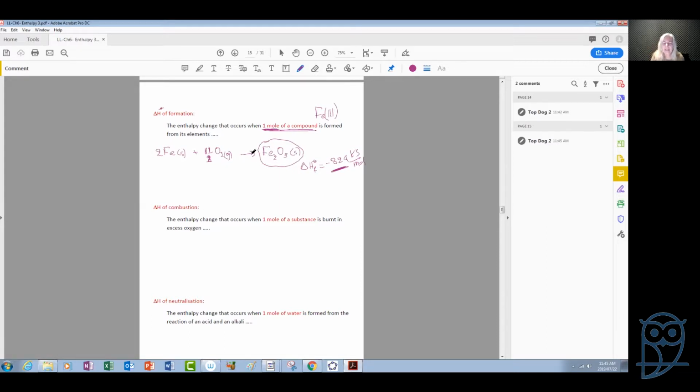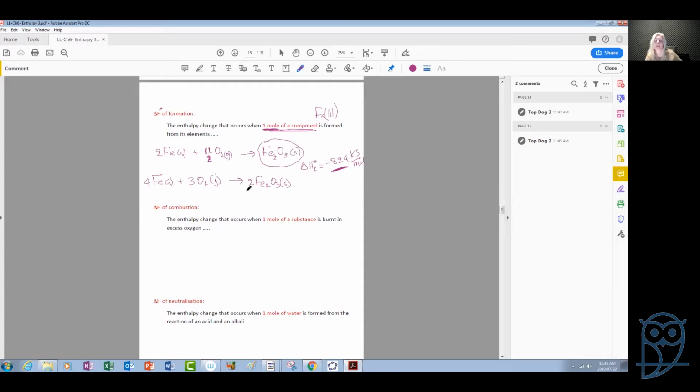If we had written this reaction differently to get rid of these fractions, because by convention we write chemical reactions with whole-integer coefficients, this should properly be written as 4 Fe atoms solid, plus instead of 1.5 we should have 3 O2 molecules, gas, and that would give us 2 moles of iron oxide of this type.